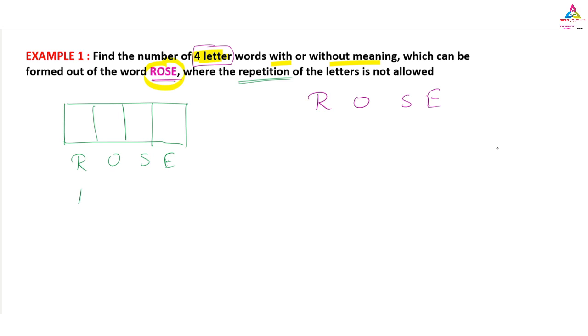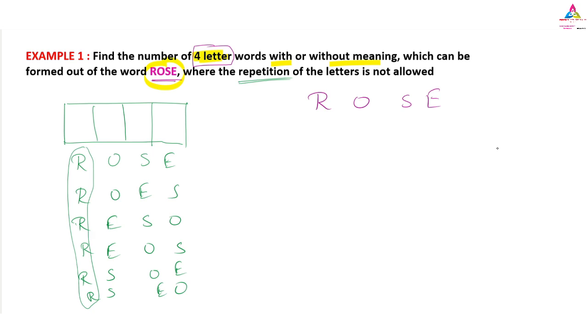Second, I can write ROES. Next I can write RESO, or I can write REOS. Like this I can make several arrangements, because again I have the chance for R. Next it will come S, then O and E, or R, S, E, O. See, this is the end of R at the beginning of the word. So again we can't use R at the beginning, because every possibility has been covered. Okay, so this is the one time R.